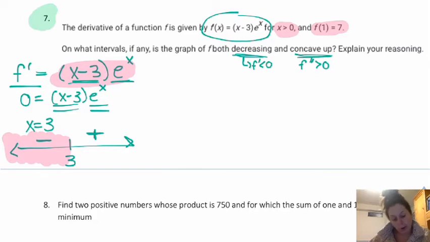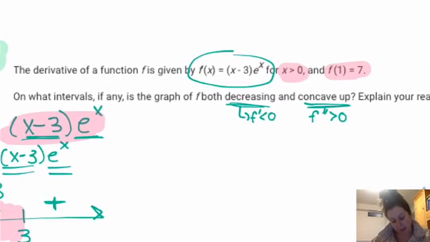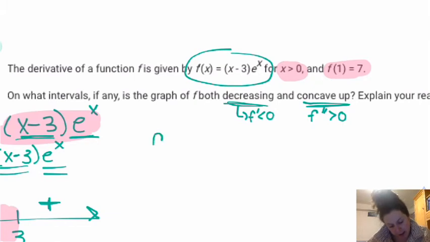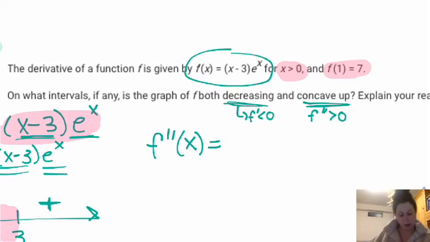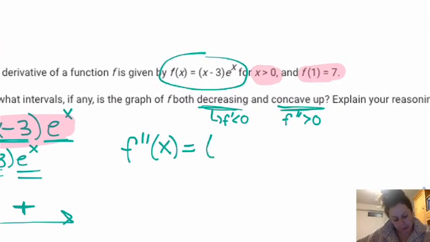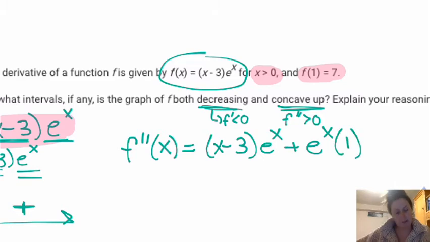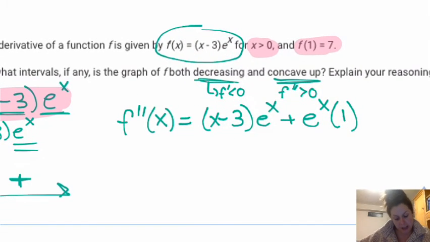Now, where would f be concave up? Now we have to look at f double prime. So f double prime is, we're taking the derivative of this, we're going to use product rule. So the first times the derivative of the second plus the second times the derivative of the first. So there's my second derivative. And I'm going to set that equal to 0.